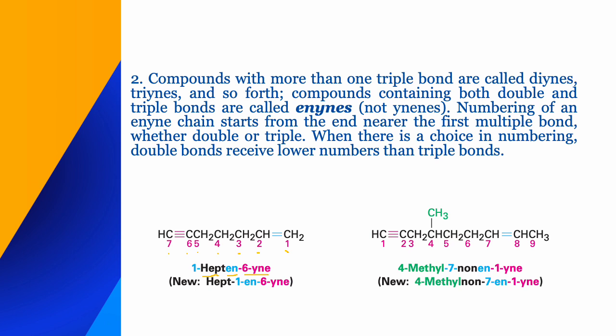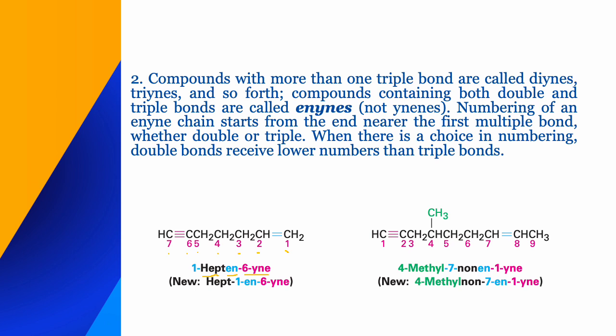So that is why we have here 6-yne. But if you're going to use the new system of naming organic compounds, this shall be written as hept, that is the number of carbons, then 1 is the locator of the double bond, so we have 1-en-6-yne. So 6 is the locator for the triple bond.